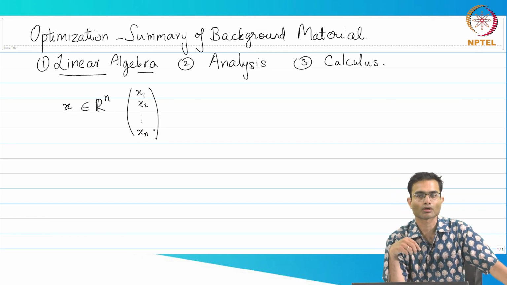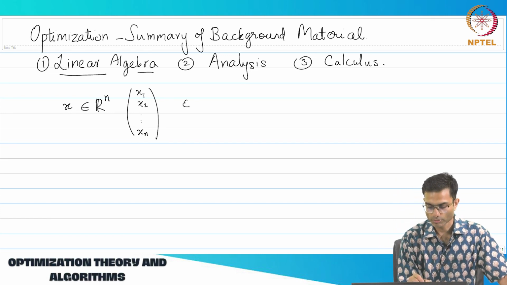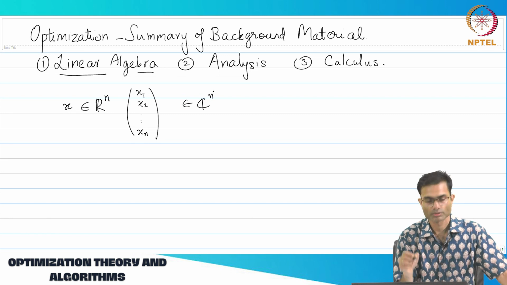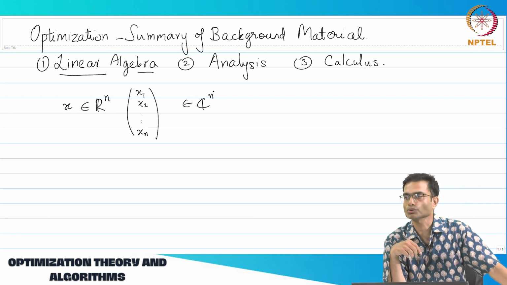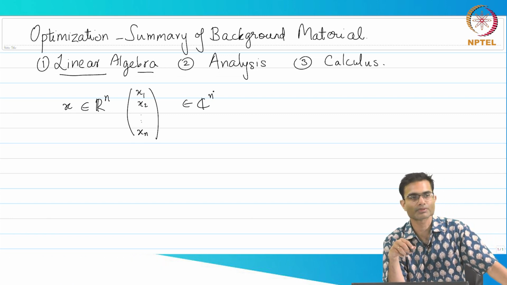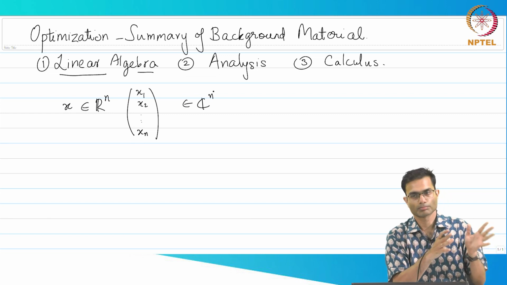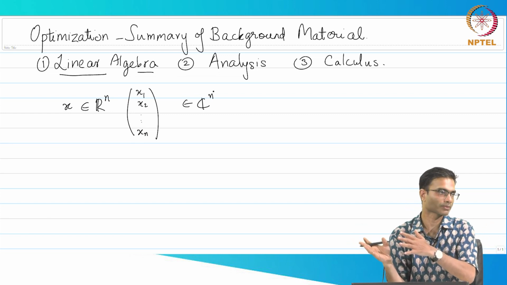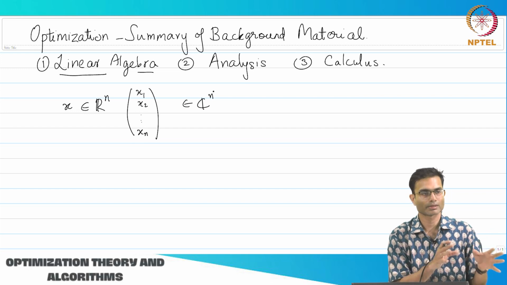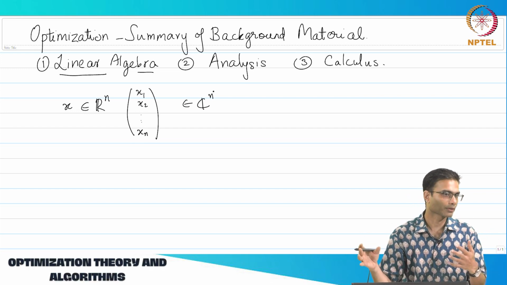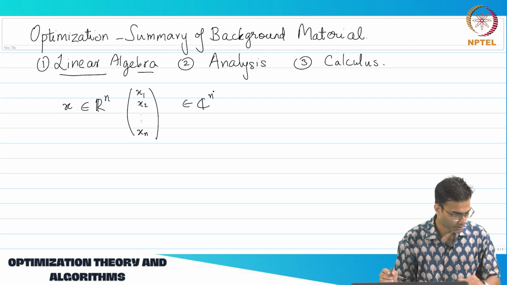If I wanted to talk of complex numbers, I would simply do Cn. Okay. Now most of this course we will stay with real numbers. There is a perfect analog for complex numbers as well. Once we master real numbers, complex numbers will not be very difficult. Okay, so that's our very basic notation.